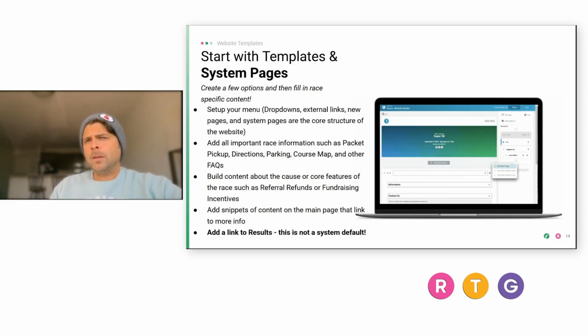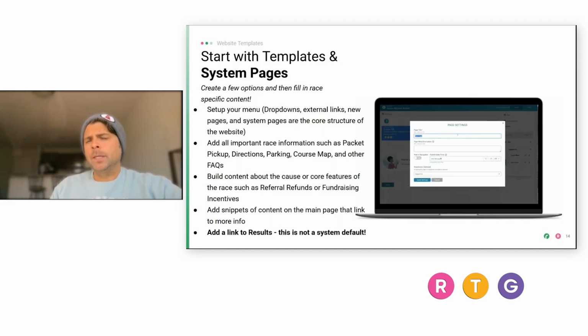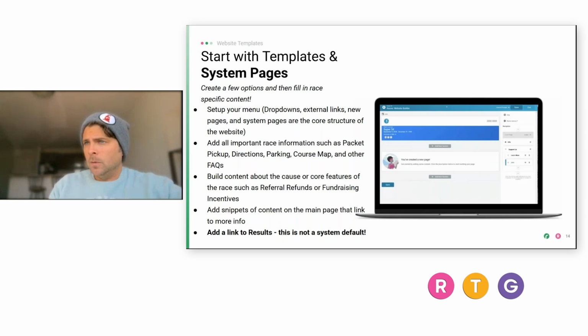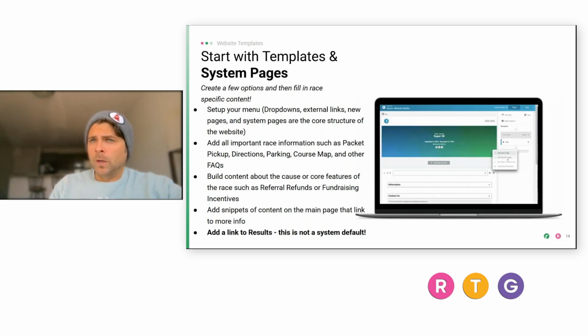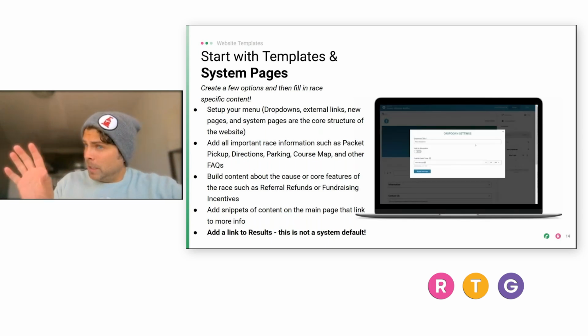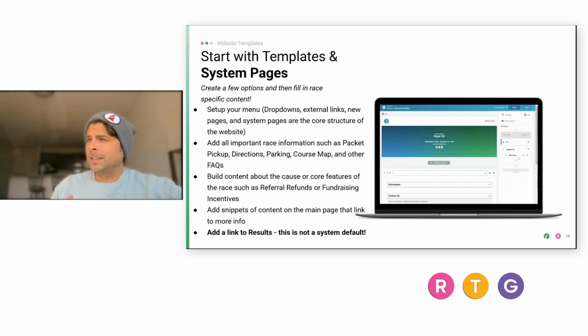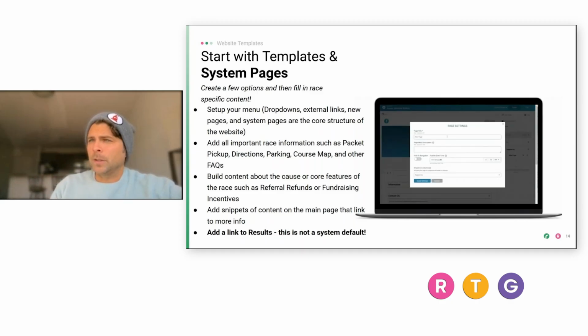And because of the way that RunSignup builds a lot of these pieces, if something's in websites v2 for a race, it probably exists for other components there. So you can have things kind of shared there, and you're not having to relearn everything time after time.